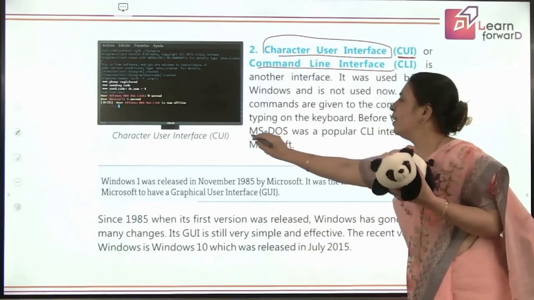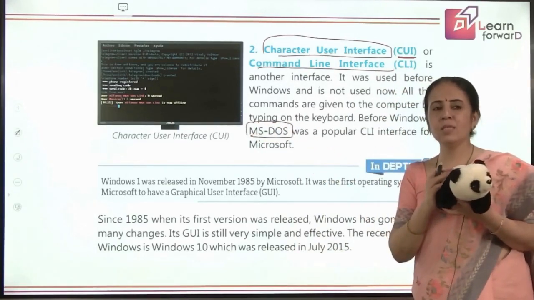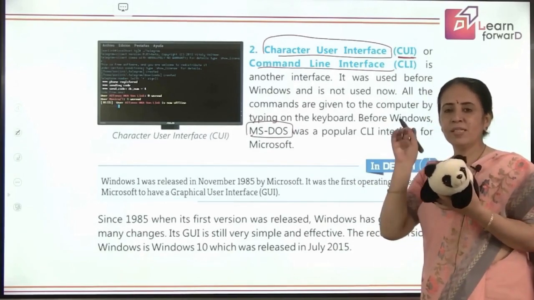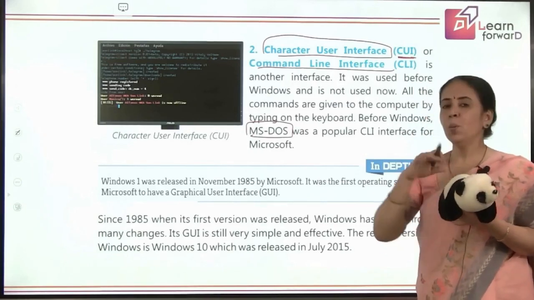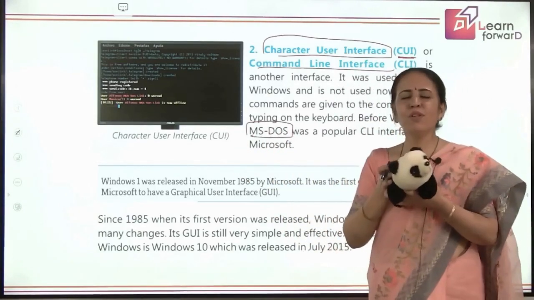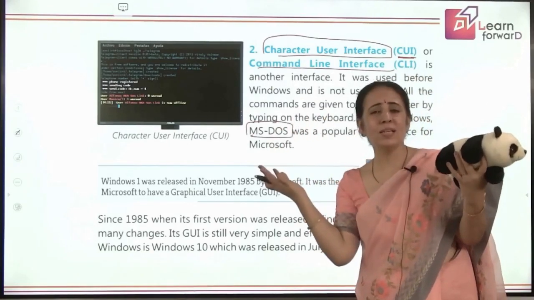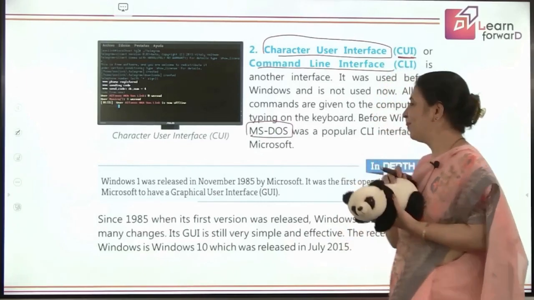And a very commonly used operating system for that was MS-DOS. We say it Microsoft Disk Operating System, which is now replaced with GUI, and everything has become so easy. Things are done with just the click of a button, right?